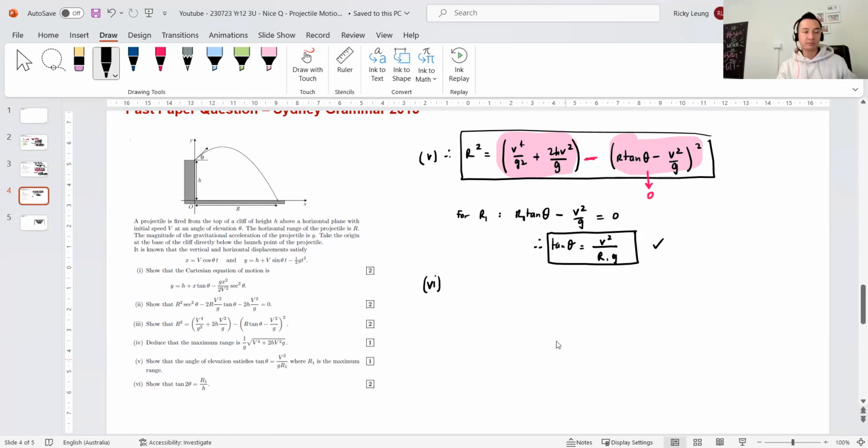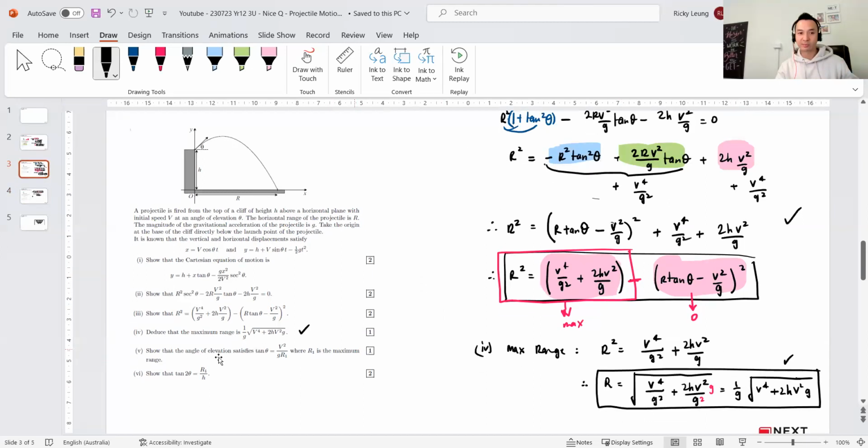I'm going to put all the things that I have together and try to do this part. So what do I know? I've got an expression for R1, the maximum range, from part 4.